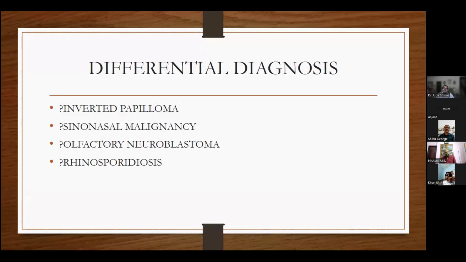When you send for histopathology, be very clear with the pathologist that we suspect a malignant change in inverted papilloma. The biopsy should be appropriate. Just taking a bit from one end is not enough.